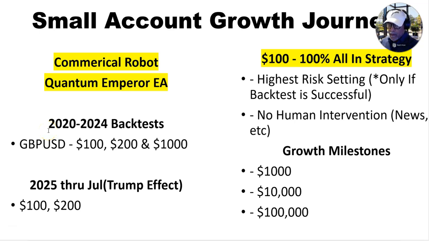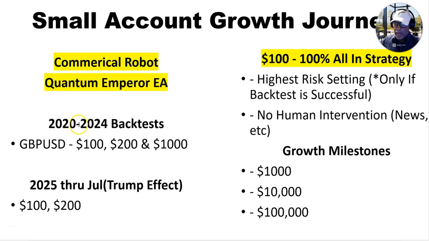So we're going to share with you, as most people know, we like to go 5 years back. Because in those 5 years, from 2020 to the end of 2024, that encompasses a lot of turmoil, especially here in the U.S. and the U.S. markets. Even though this robot is about the Great British Pound, it still affected everything internationally.